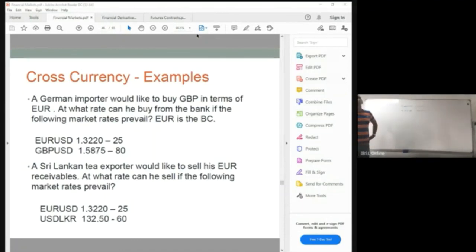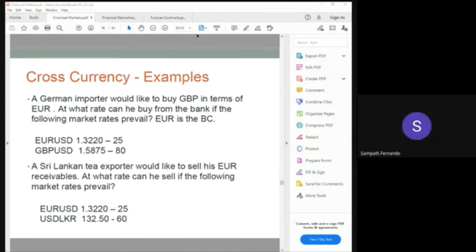Two different kinds. What do you do? Divide or multiply? Multiply.